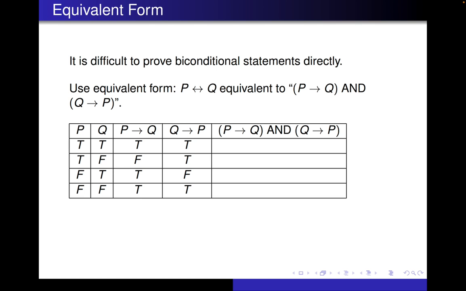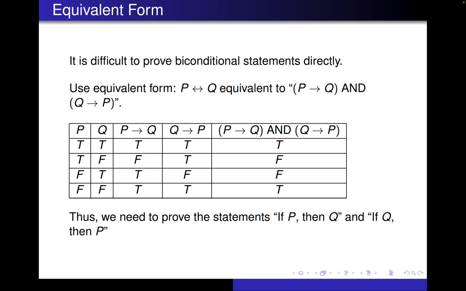And then P implies Q and Q implies P is going to be true anytime you have both of those conditional statements true. So that's on the top and on the bottom. When one of them is false, those are the middle two, and those are going to be false. Notice that, again, you have true on the top and the bottom and false in the middle, just like we did for P if and only if Q.